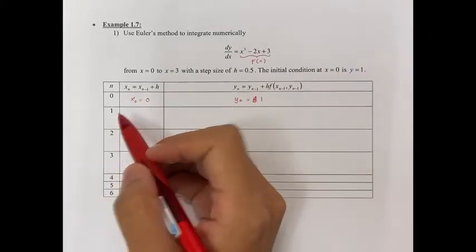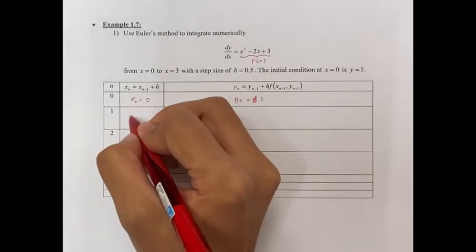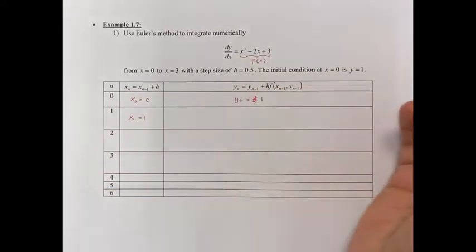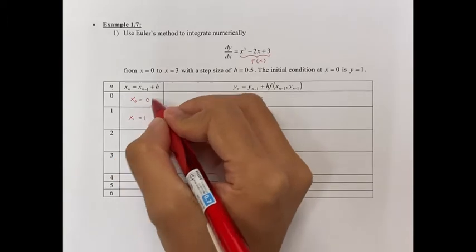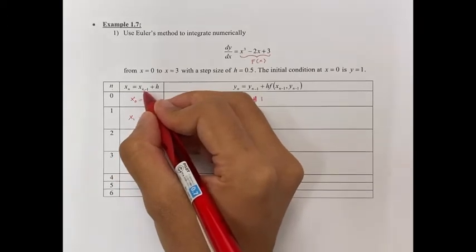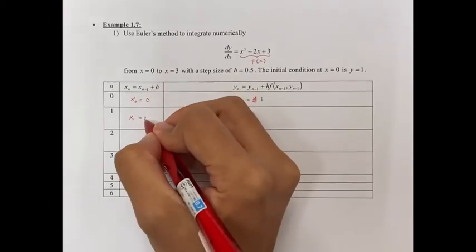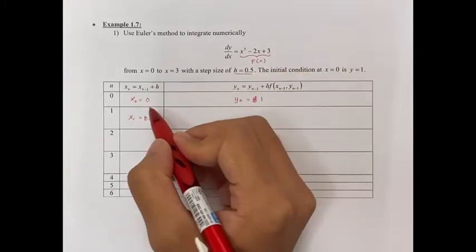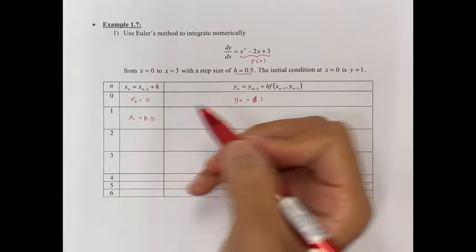Moving to the first iteration, n is 1. We have x1 equal to the previous x plus h, so 0 plus 0.5, since our h is 0.5. So we have x1 equal to 0.5.